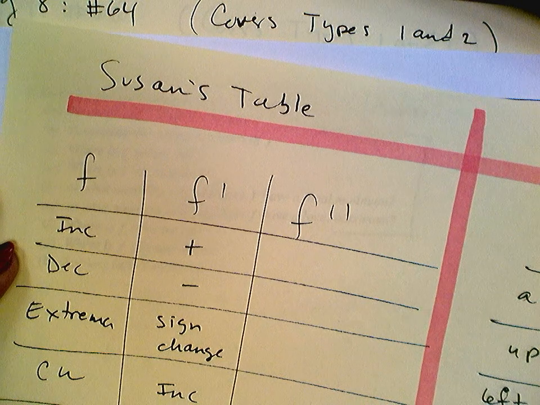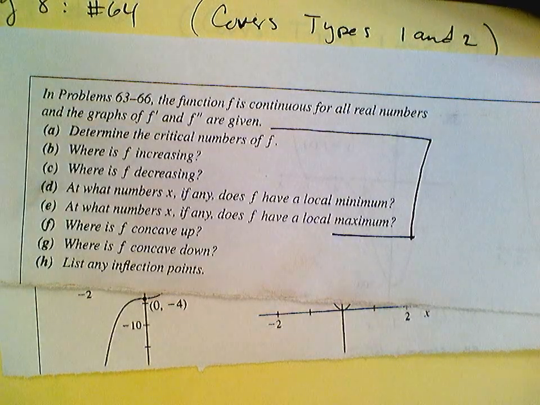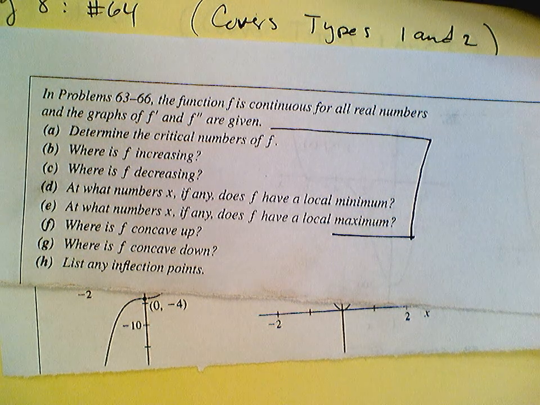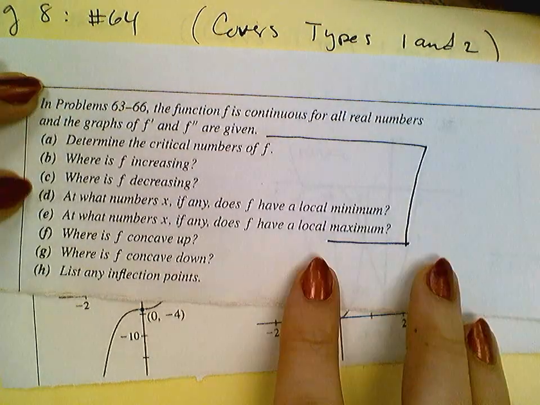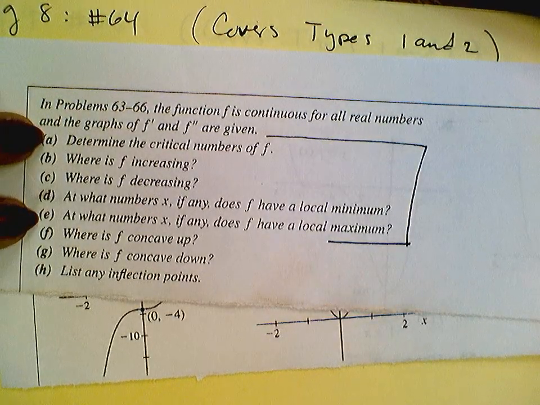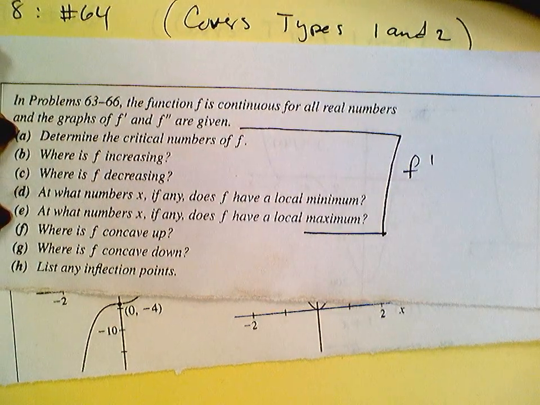So these things you have to know by heart, guys. Susan's table and the physics version of Susan's table. For these problems here, I don't need the physics version. Okay, so Susan's table, so you'll have to know that by heart. And A through E, those are all having to do with f prime.